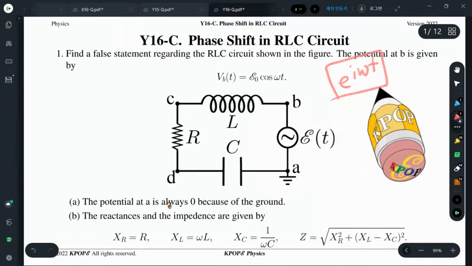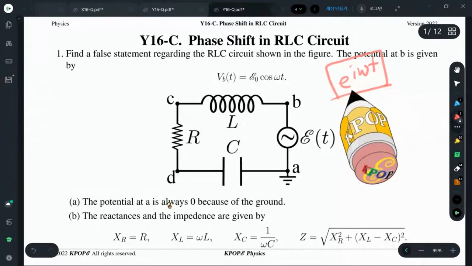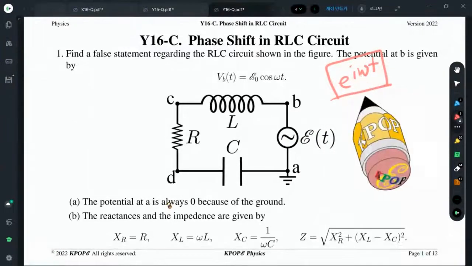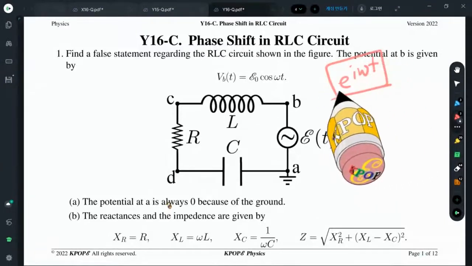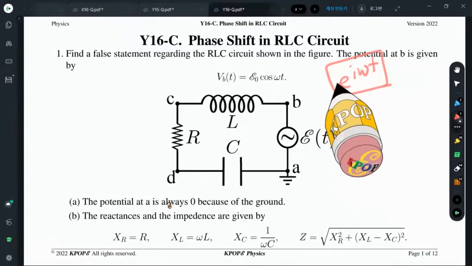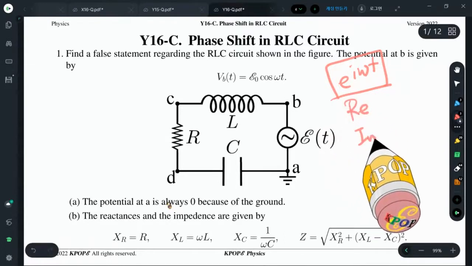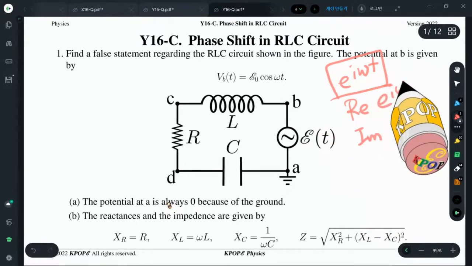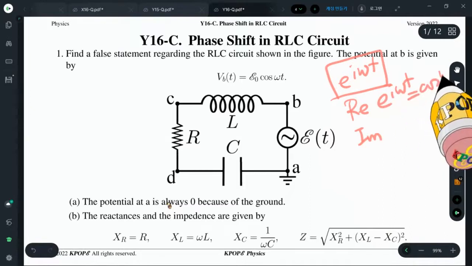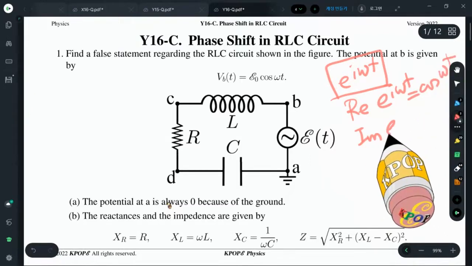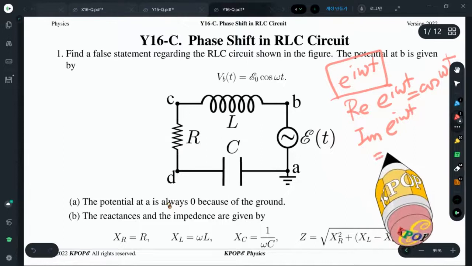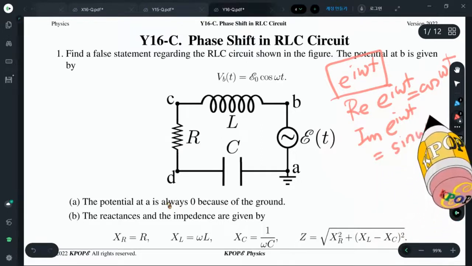Actually, this one does not exist in nature. However, we can substitute this one and then take the real part or the imaginary part. The real part is nothing but cosine omega t, and the imaginary part is nothing but sine omega t.